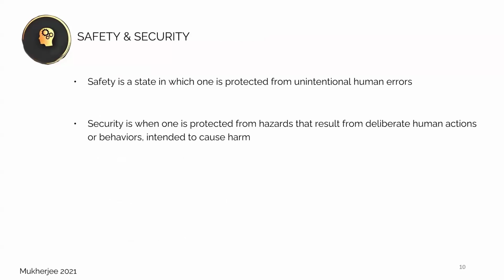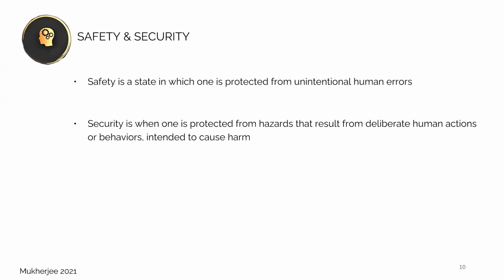Safety is described as a state in which one is protected from unintentional human errors. And security is when a child is protected from hazards that result from deliberate human acts or behavior that are intended to cause harm.